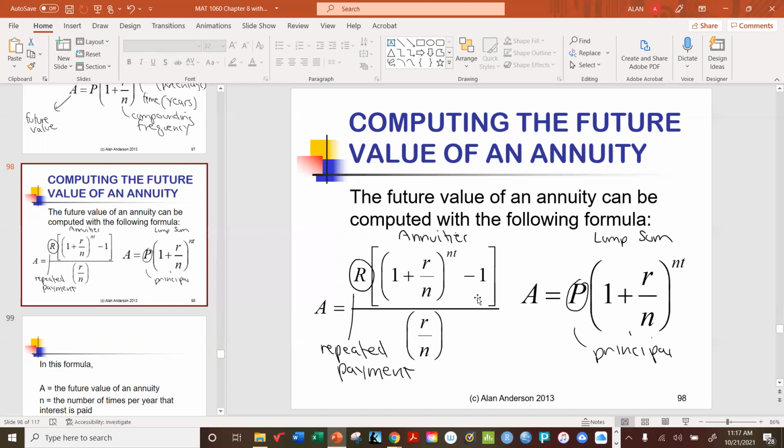So, like I said, you can see the formula on the left is slightly more complicated, but not as much as you might have thought. Everything else in that formula is already familiar to you. r, for example, is the annual rate of interest, n is the compounding frequency, t is time.